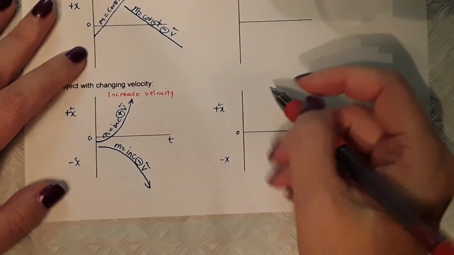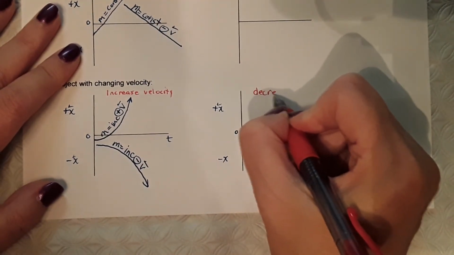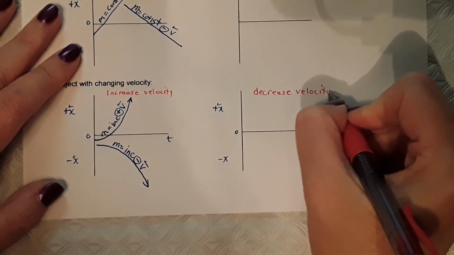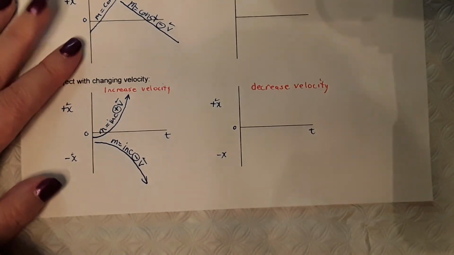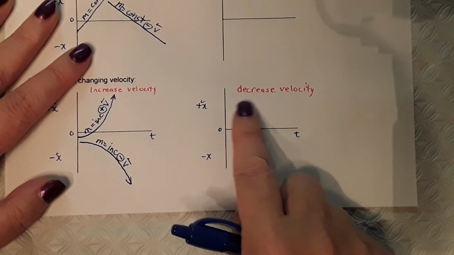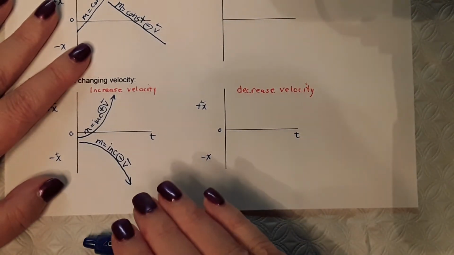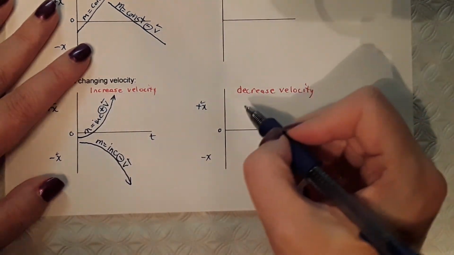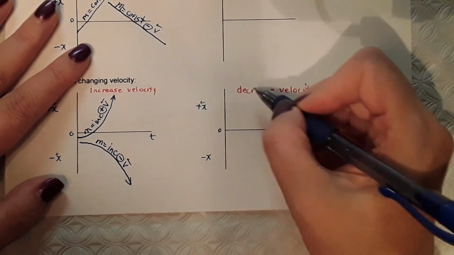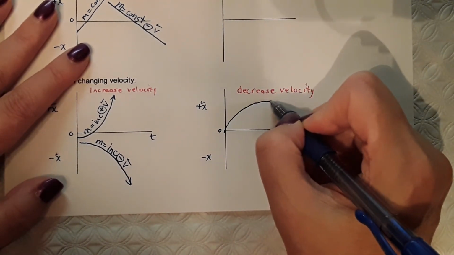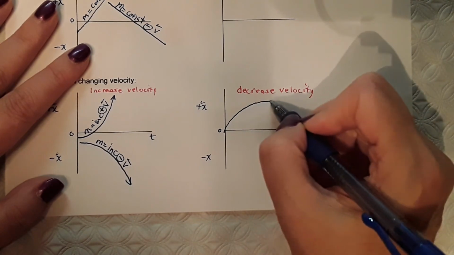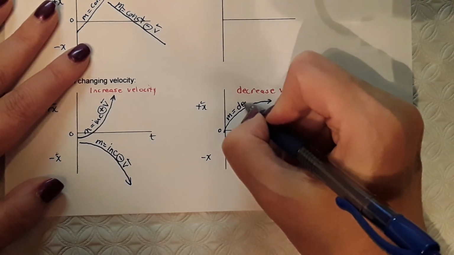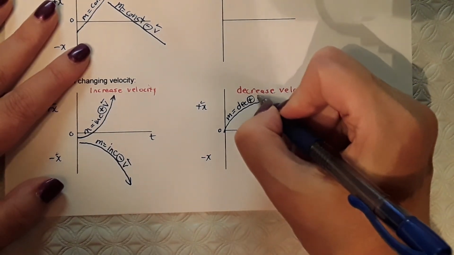Now let's look at decreasing velocity. Because we can do that in both directions also. It's just we have to remember to decrease the velocity means we decrease the slope. We have to go from vertical to flatter. Okay? So decreasing velocity in the positive direction, that would look like this. You start out steeper, you get flatter. Okay? So here we have a slope that shows decreasing positively directed velocity.